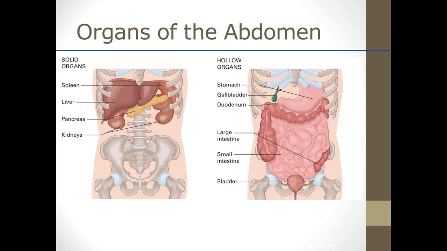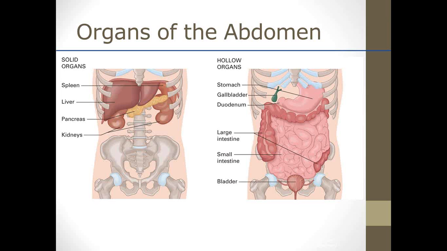So here's the abdomen and the organs that are found there. And you can see over here are our solid organs. Those solid organs consist of the spleen and the liver, which both filter blood, the pancreas, which has a big function of producing insulin so that our body can utilize the sugar that we consume, and then the last solid organ, the kidneys.